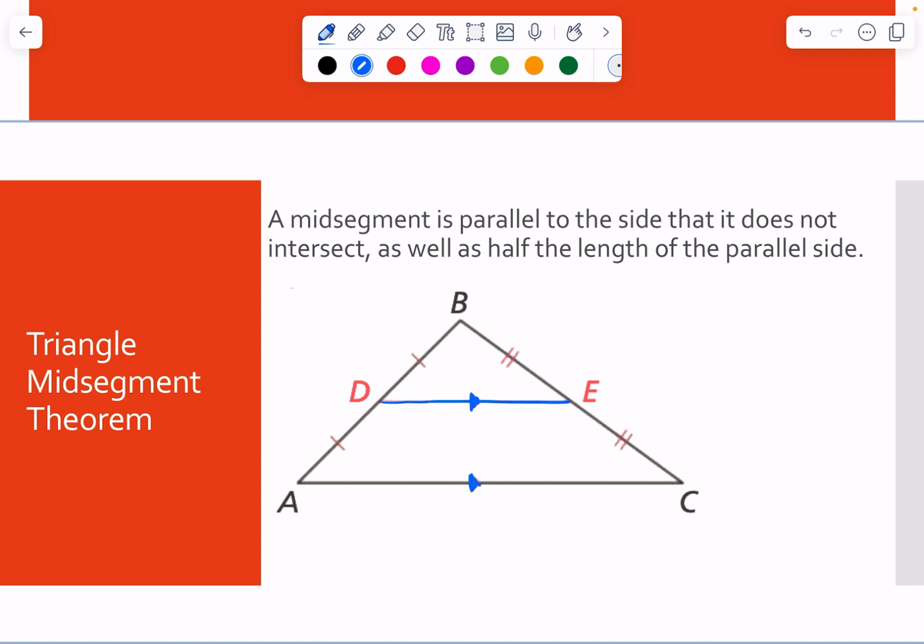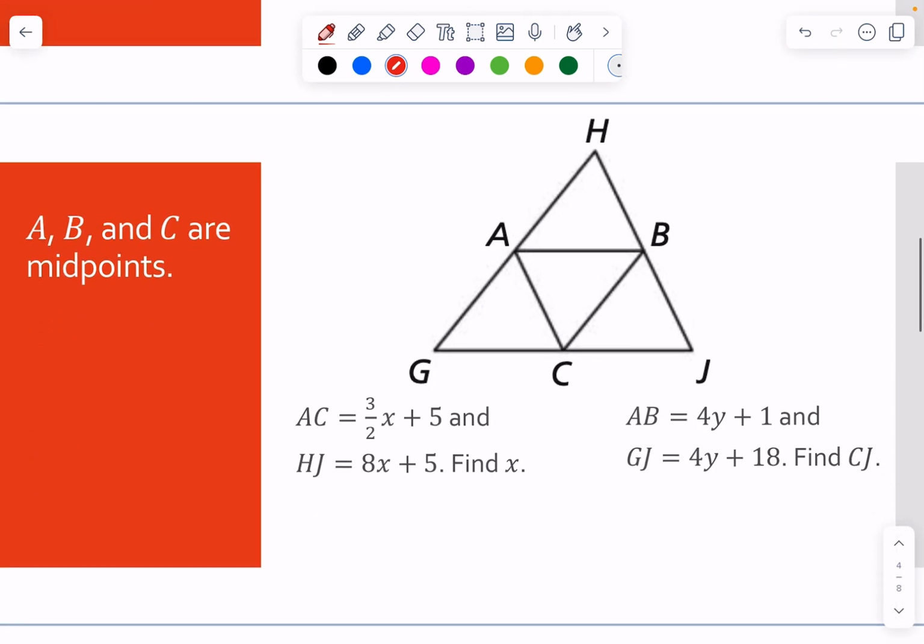I also know some relationships. I know that DE is equal to 1/2 of AC, or I also know that 2DE is equal to the full length of AC. So, how does that help me?